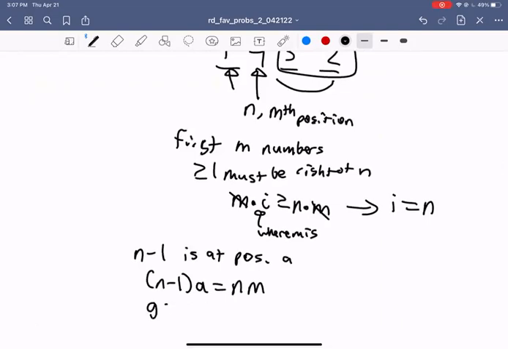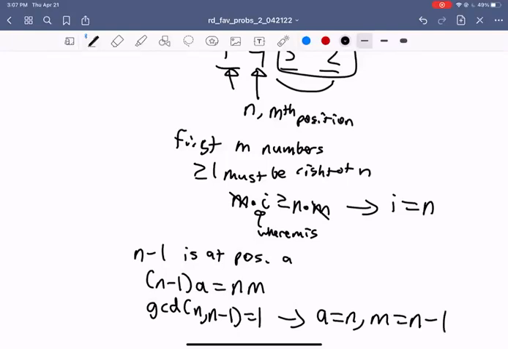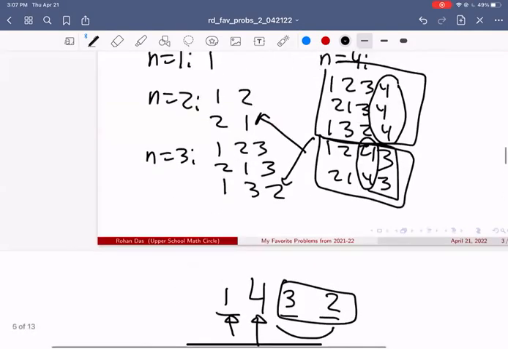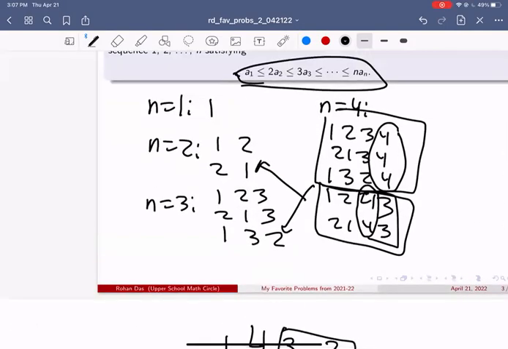But the GCD of n and n minus 1 is just 1, which means that as a and m are both between 1 and n, we must have that a is equal to n and m is equal to n minus 1. Therefore, if n is not in the nth place, it must be in the n minus 1th place. And then this recursive condition holds.